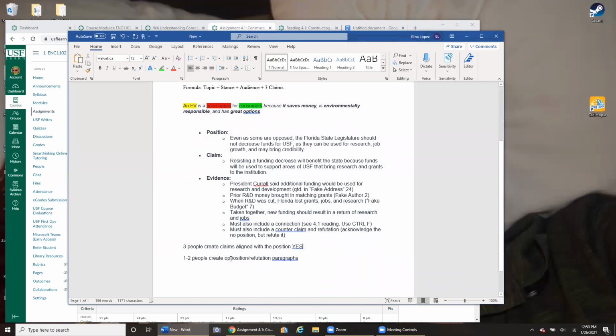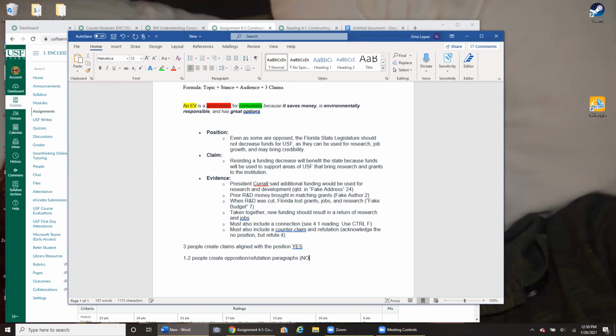If you're the 1 to 2 people already writing the oppositional piece, then for that very last sentence, you're going to go the opposite way. I don't know if that made sense.